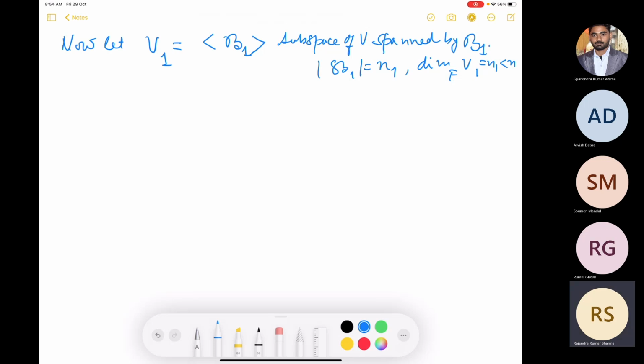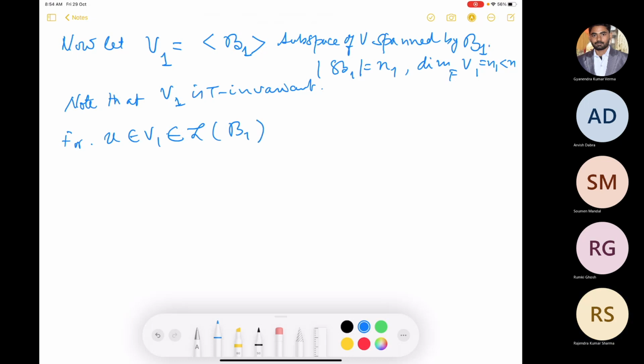You can note that V1 is T invariant, for any element in the basis is of the form, for any, say, u in V1, is a linear combination of these basis vectors, so is in the linear span of B1.